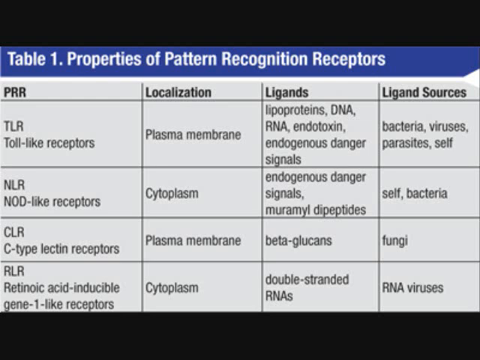All of these things can serve as PAMPs that will trigger the toll-like receptor if a pathogen is present. DAMPs can include intracellular proteins, heat shock proteins, also protein fragments from the extracellular matrix.